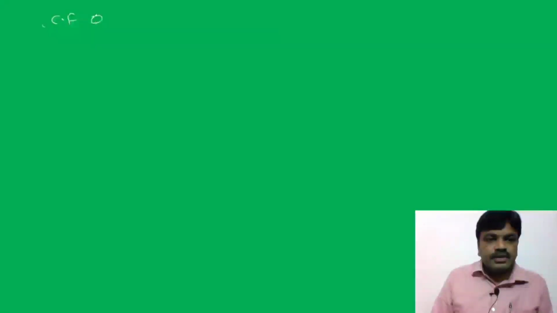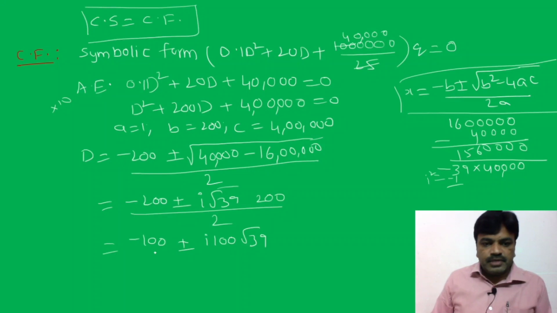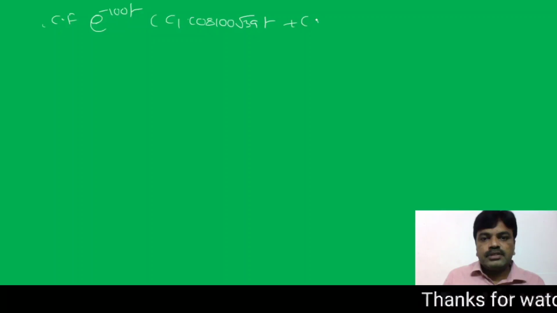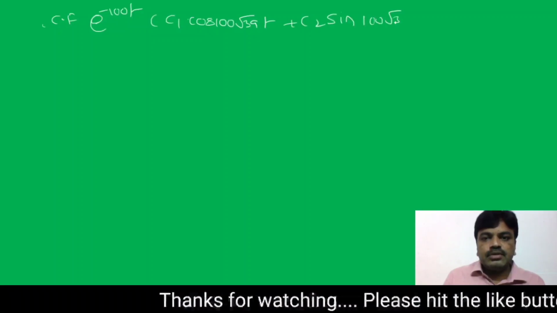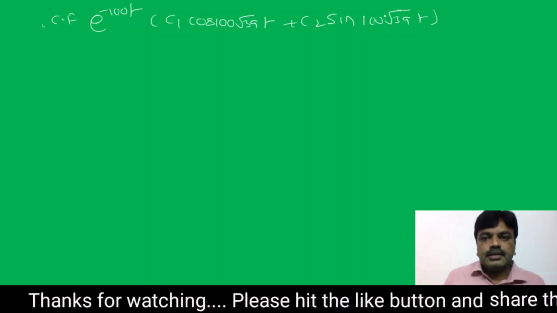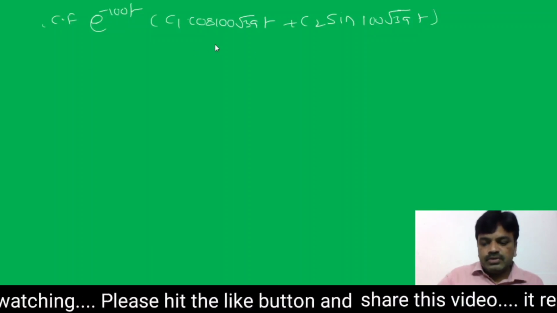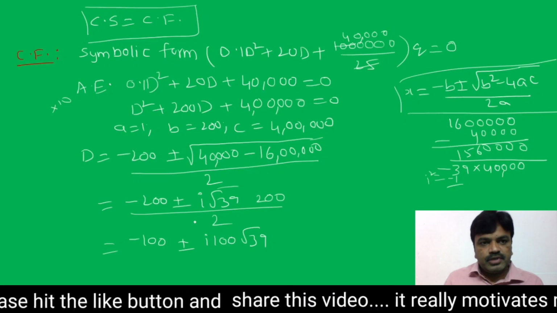e power minus 100t, c1 cos 100 root 39t plus c2 sin 100 root 39t. So here we get the complementary function, friends.